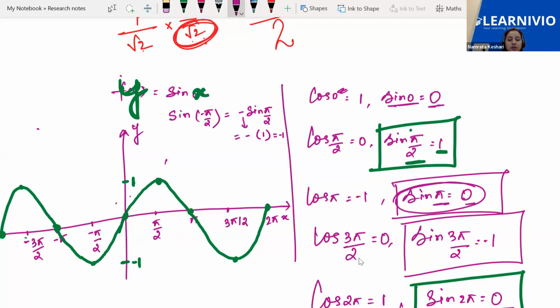Let me show you the graph. Just a second.